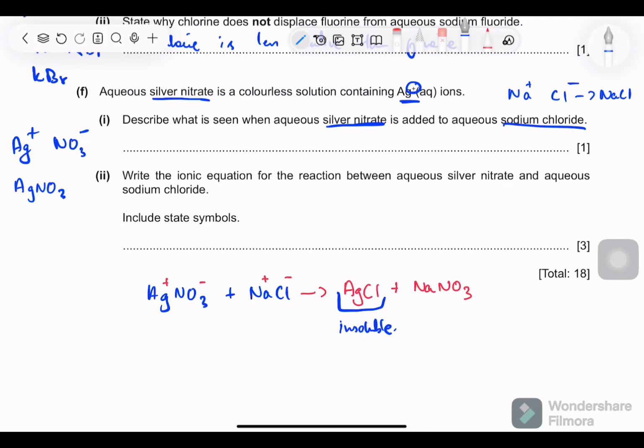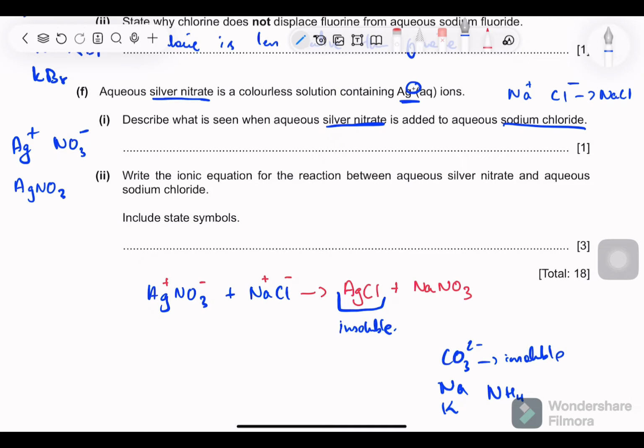All other chlorides are soluble. Nitrates are always soluble. Sodium, potassium, ammonium: if they are present in any salt, that is soluble. Carbonates are always insoluble except for sodium, potassium, and ammonium.